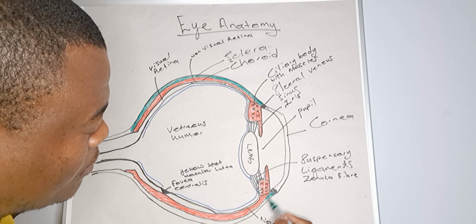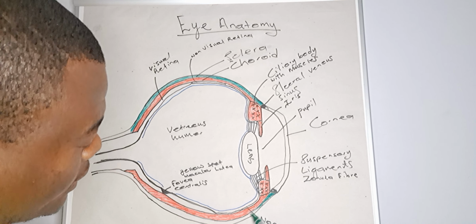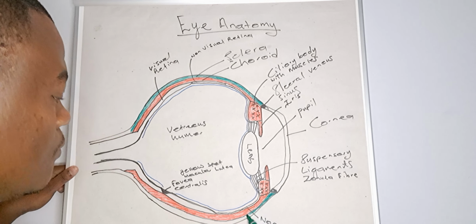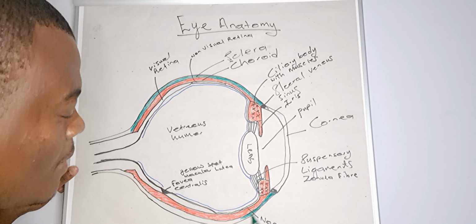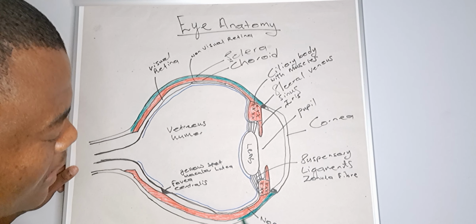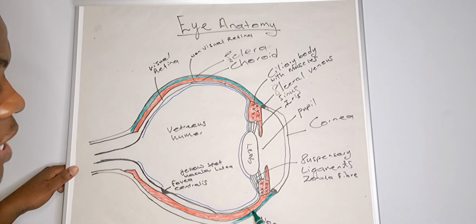This area here, it will be your sclera. Remember, sclera and cornea is the same layer. The difference is that this particular area is opaque.